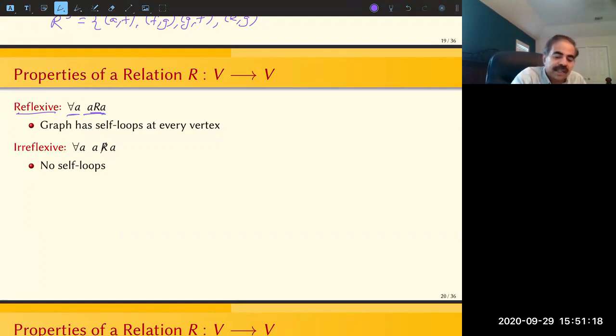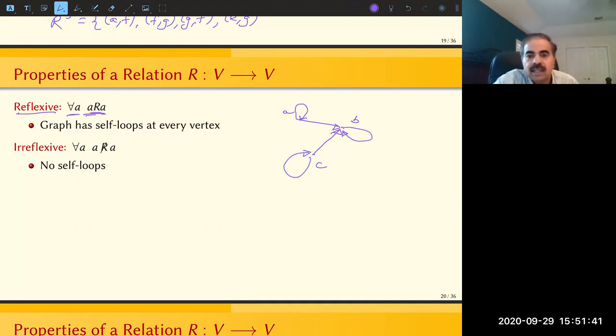If we draw it as a graph, let's say we have 3 elements, A, B, C, and you may have these 2 arrows. But if it is reflexive, then you should also have A connected to A, B connected to B, and C connected to C, which means that every node must have a self loop.